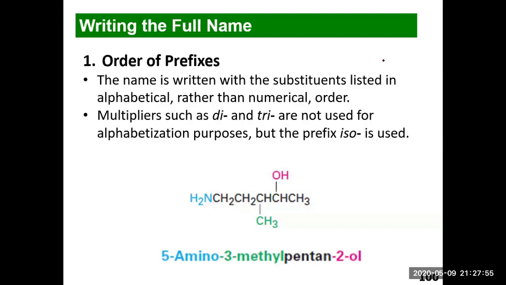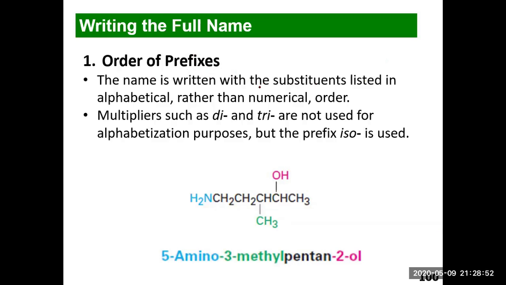All right, so once the parts have been identified, for example, the parent, the prefixes, locants, and the principal functional groups, it is now time for us to write the full name of the organic molecule. Right, so the first thing we have to understand is the order of prefixes.